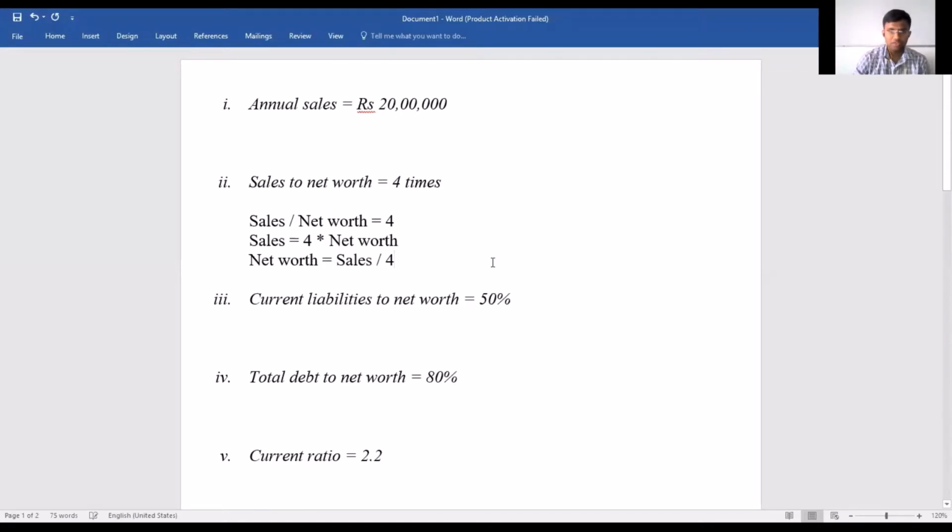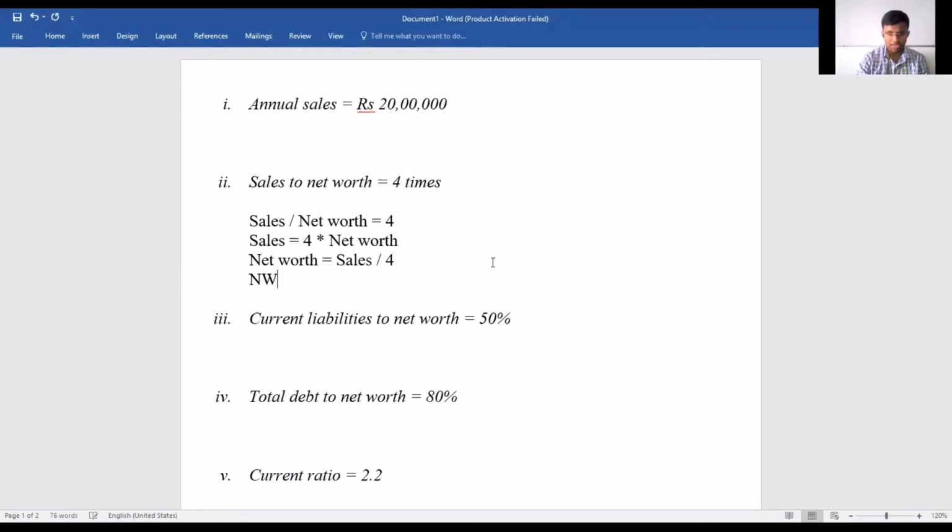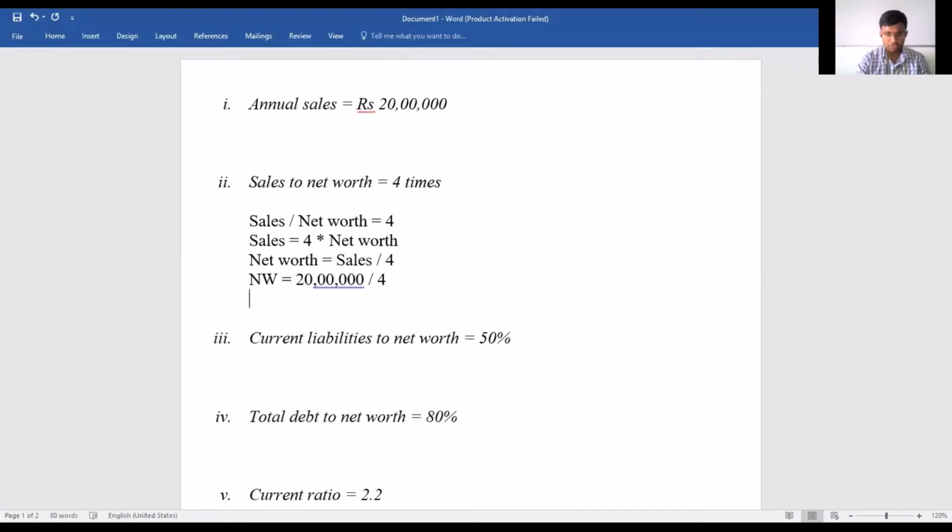Now we know the value of sales. So net worth is equal to 20 lakhs divided by 4, which means net worth is equal to 5 lakhs. Now remember, what is the significance of net worth, or what role does net worth have to play for us?